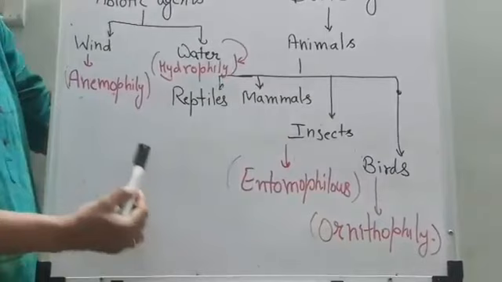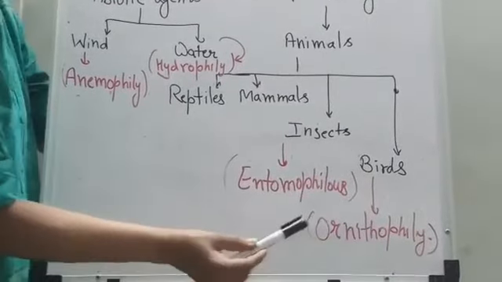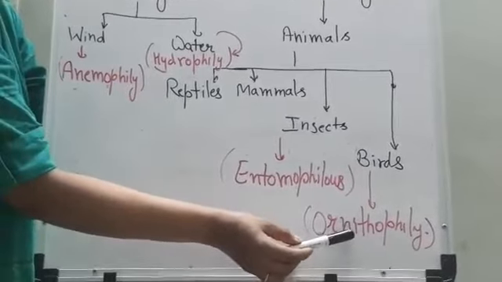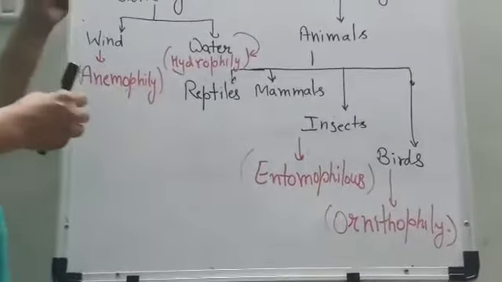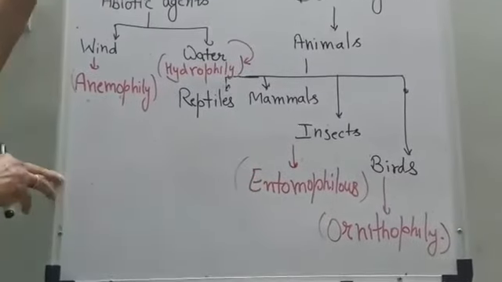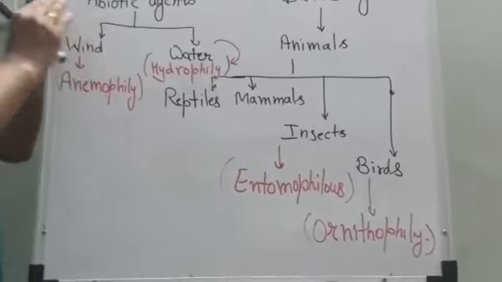You can note down this flow chart, which is easy to recall for your examination. So we see biotic and abiotic, some by anemophily, some by hydrophily, some by entomophily.